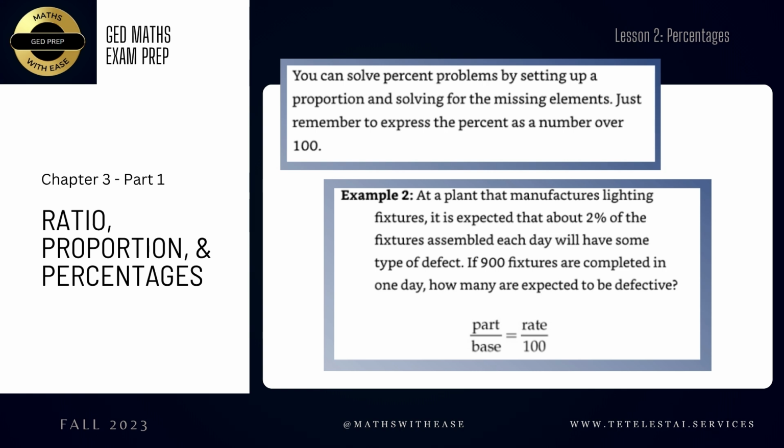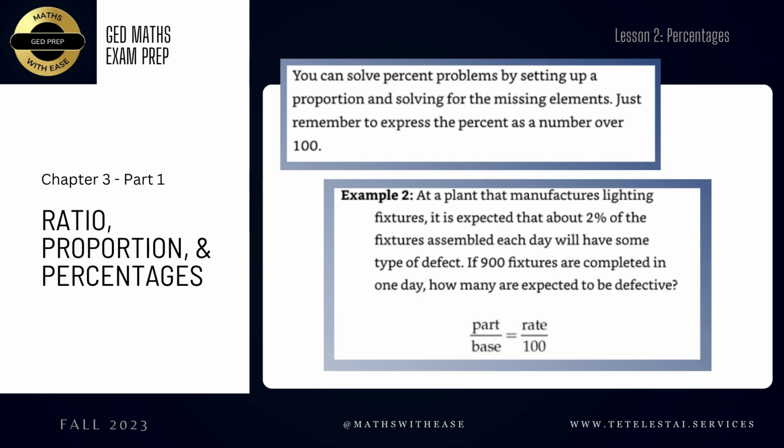And so you can look at the information that you've written down. You know that you've written down your rate, which is 2% or 2 over 100. You know that you've written down your base, which is 900. And we don't know X. So we're dealing with a proportion, right?